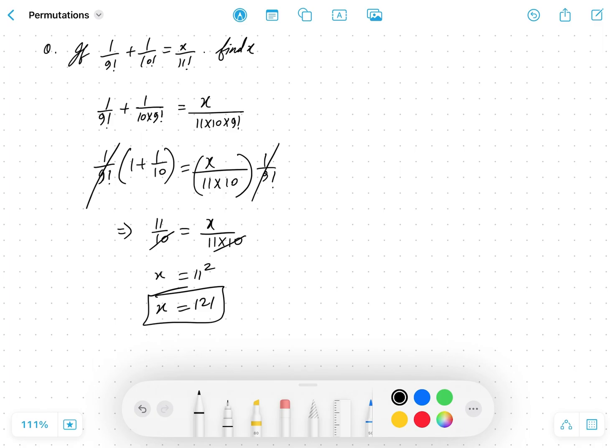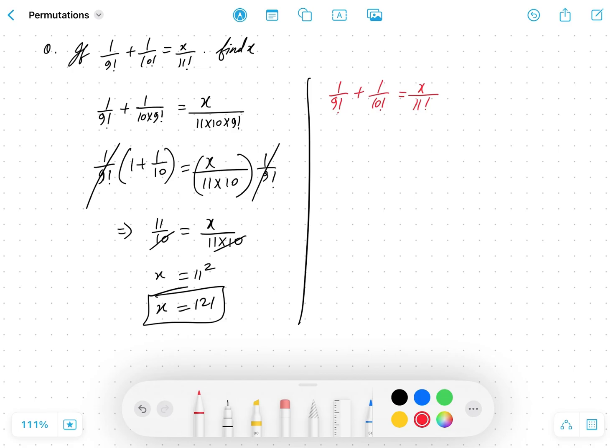Now we can do it in another way also. For example, we have 1 by 9 factorial plus 1 by 10 factorial is equal to x by 11 factorial. Now we can take the LCM of 9 factorial, 10 factorial and 11 factorial.